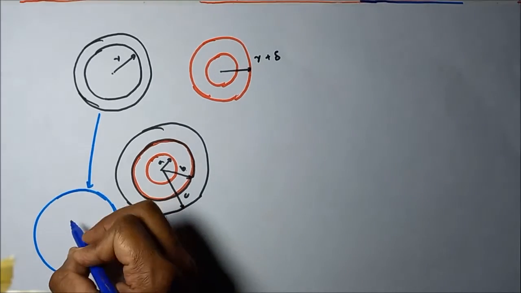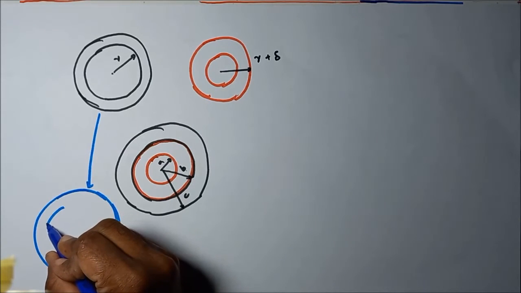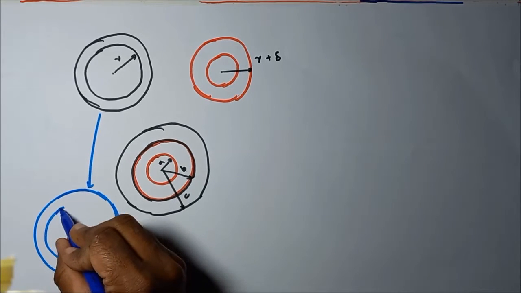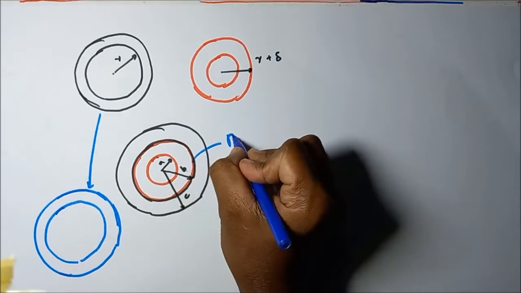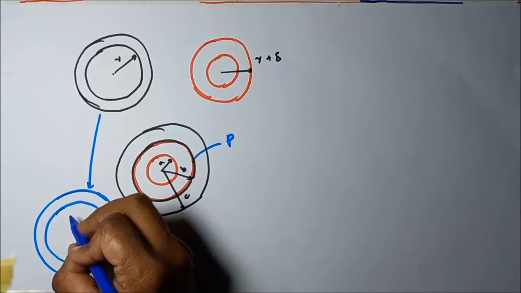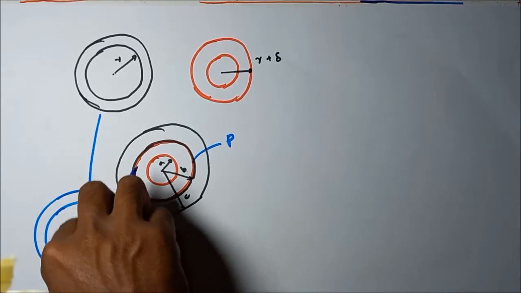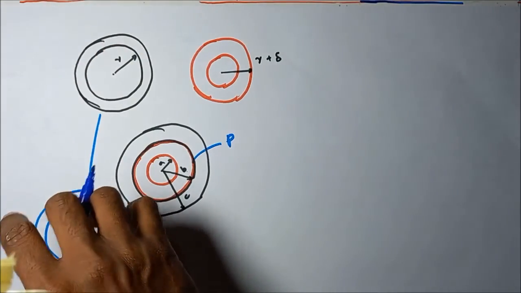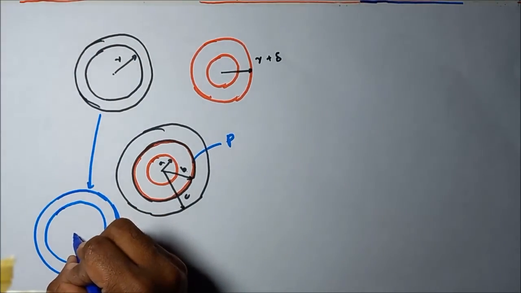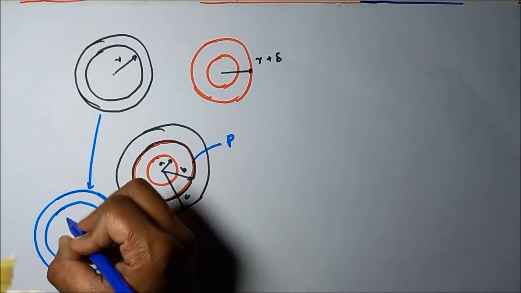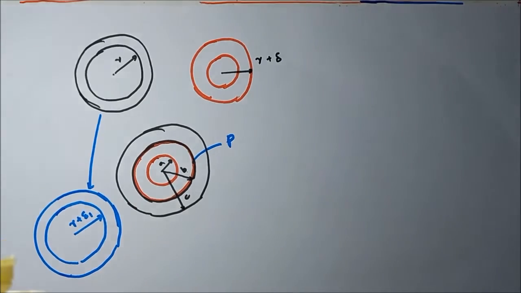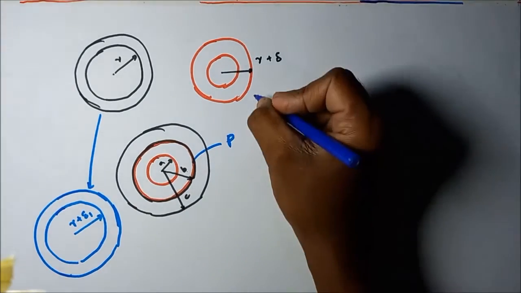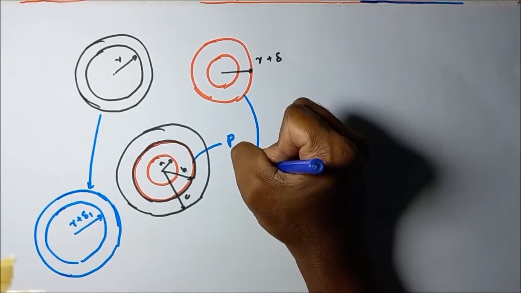That means the internal diameter slightly expands because of the mating surface pressure. So at this time that value is not equal to r, it is equal to r plus delta 1.